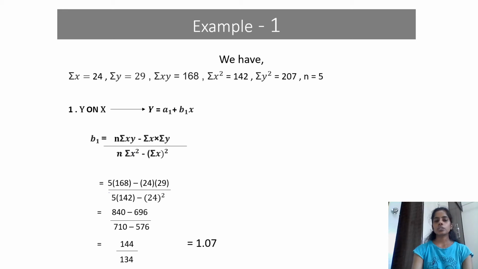After solving this equation, we will get 840 minus 696 divided by 710 minus 576. After solving this, we will get 144 divided by 134. So b1 is equal to 1.07.